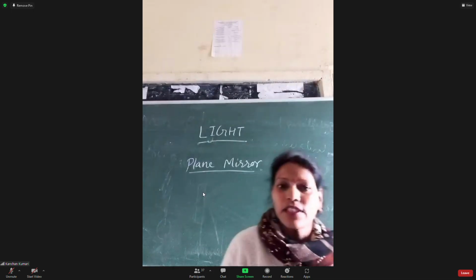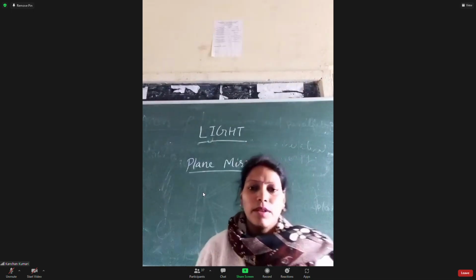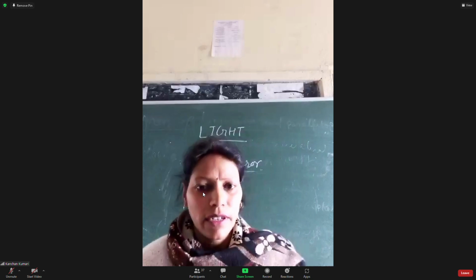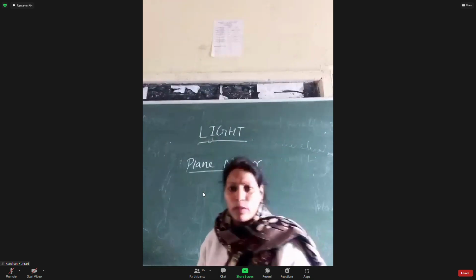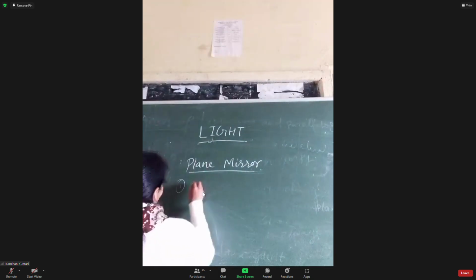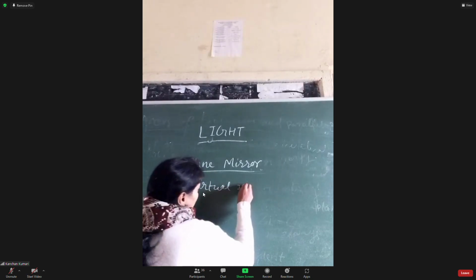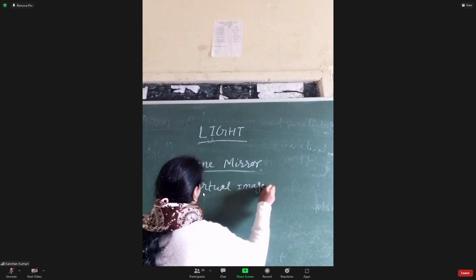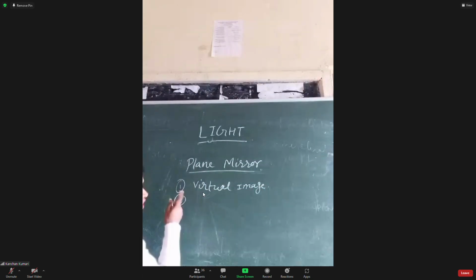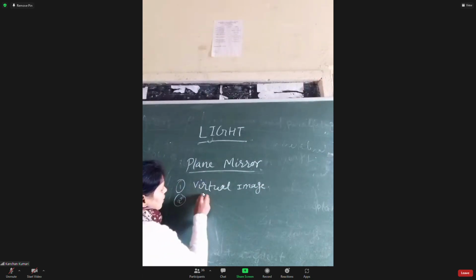What are the characteristics of a plane mirror? As we already discussed in earlier classes, the image formed by a plane mirror is a virtual image. It will be an erect image.